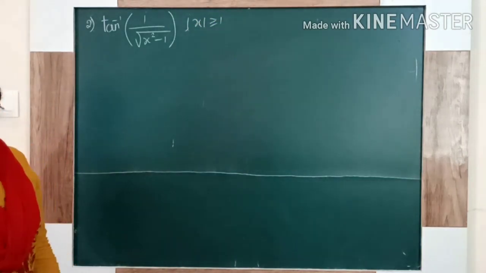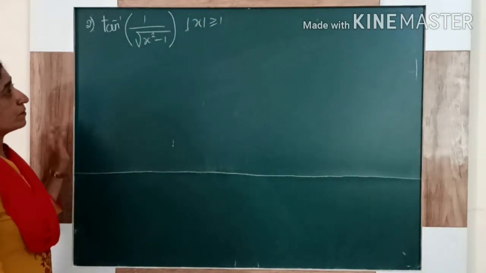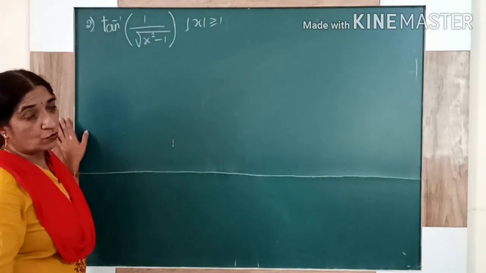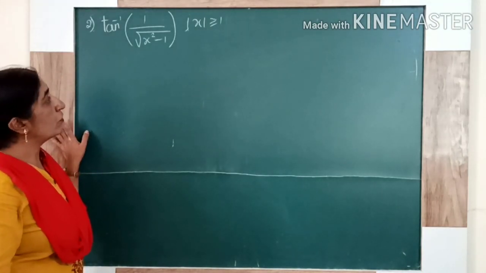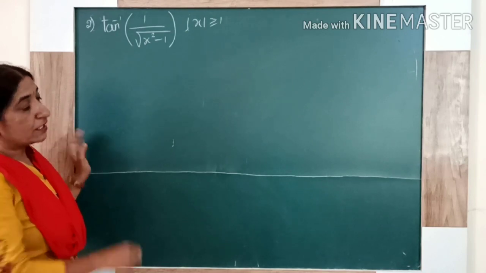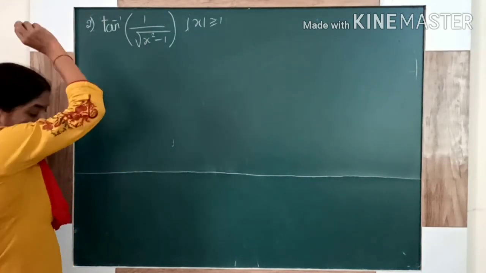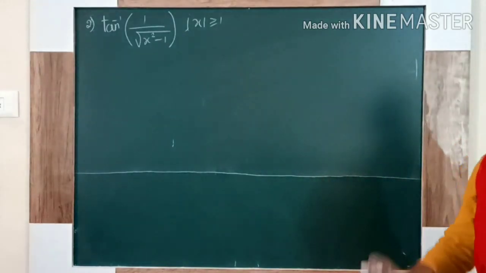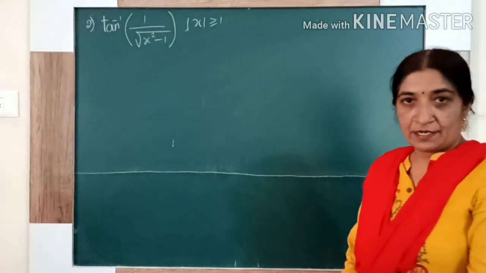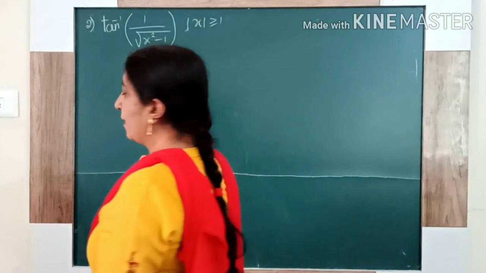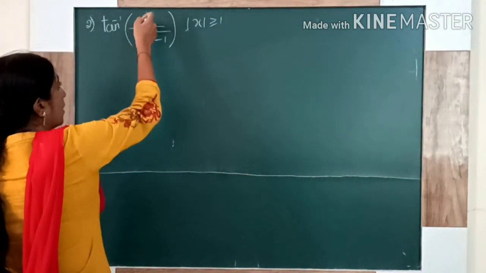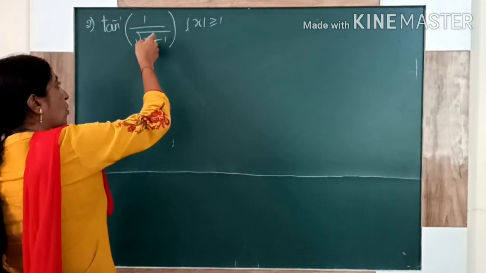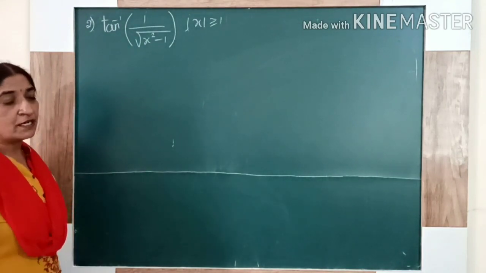So as I told you students, wherever possible I am trying to give you hints, so you can solve the problems very easily. Here outside we have tan inverse. As I told you, if tan inverse is outside, the bracket should be in the form of tan. If you get 1 by cot, then only you are getting the bracket as tan.